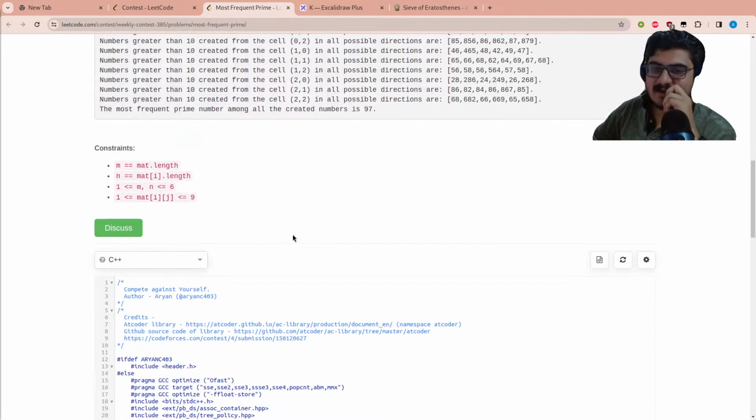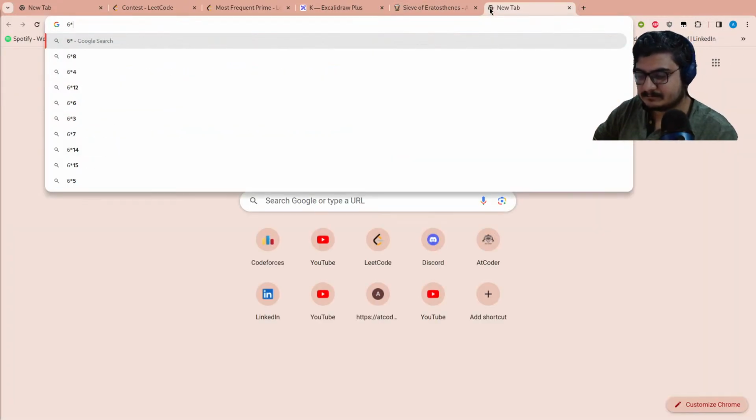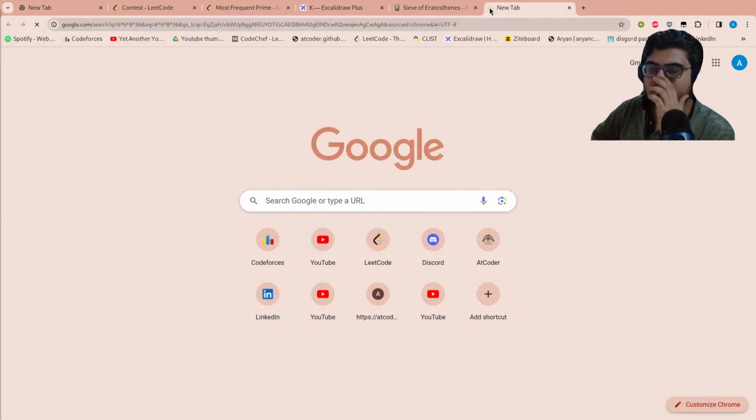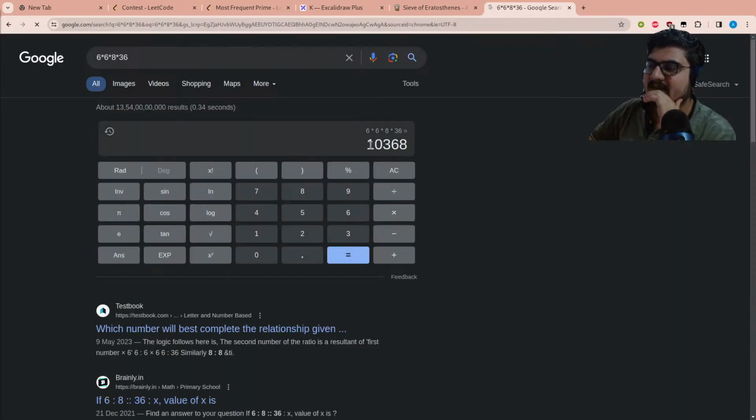Trial division might work because if you look at the numbers, they are not really many. Different starting positions are 36 only, and among the 36 starting positions you have 8 directions, and the length of any number is at max 6. This is the maximum length of numbers you can get in a test case.